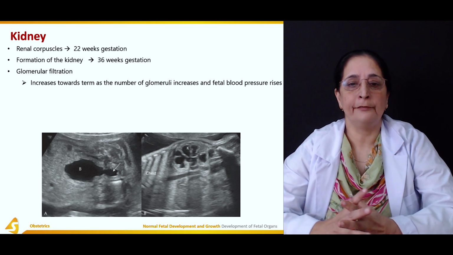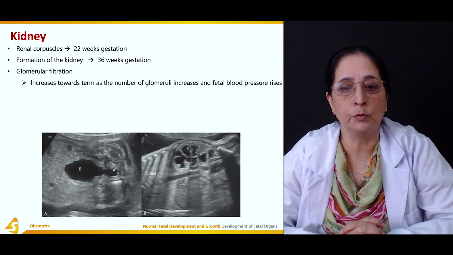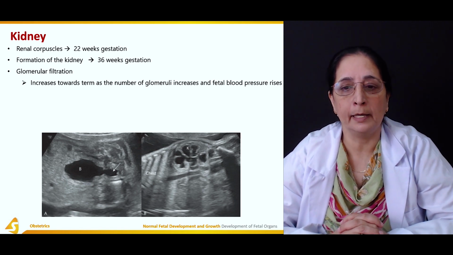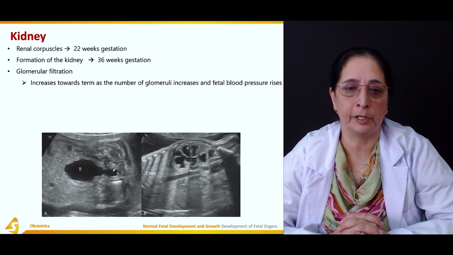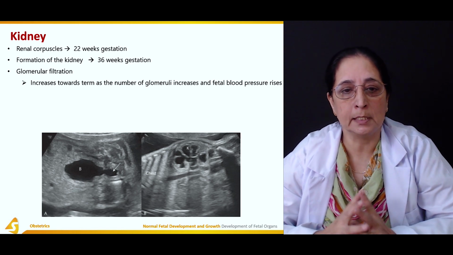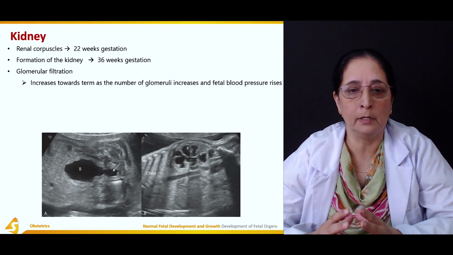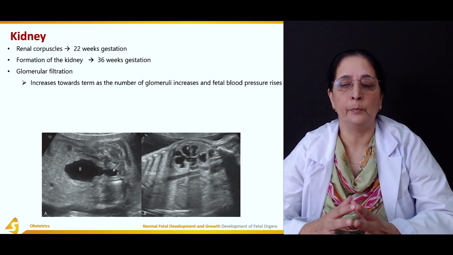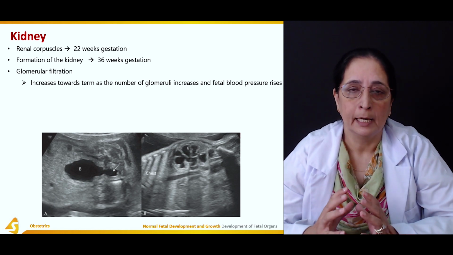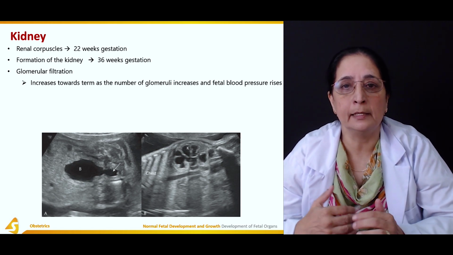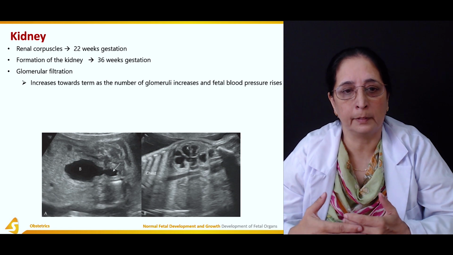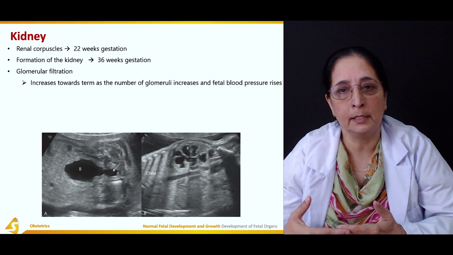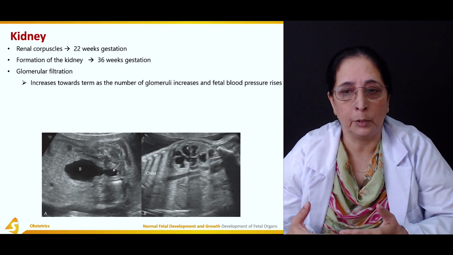Then glomerular filtration increases towards term as the number of glomeruli increases and fetal blood pressure rises. So this is glomerular filtration. As the number of glomeruli increase in the kidneys or in the tubules, they start forming the glomerular filtrate and start filtering the liquid, so fluid.